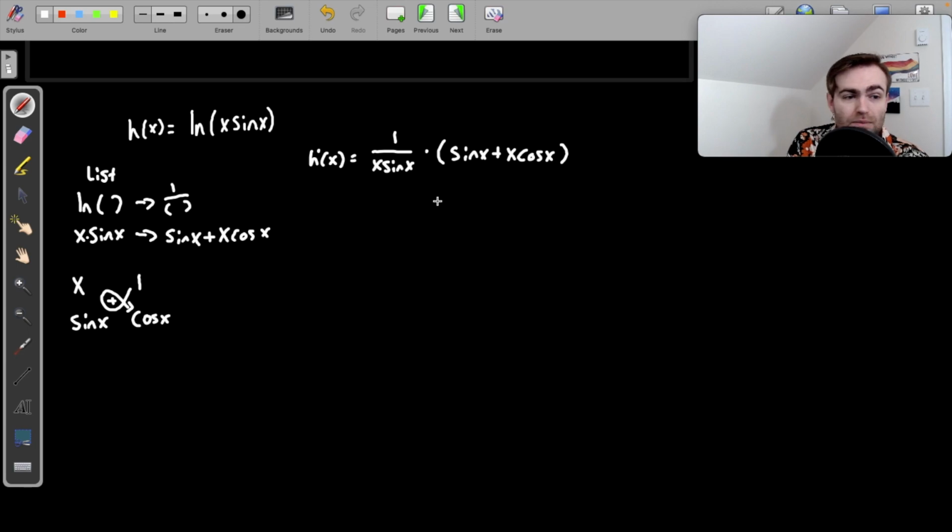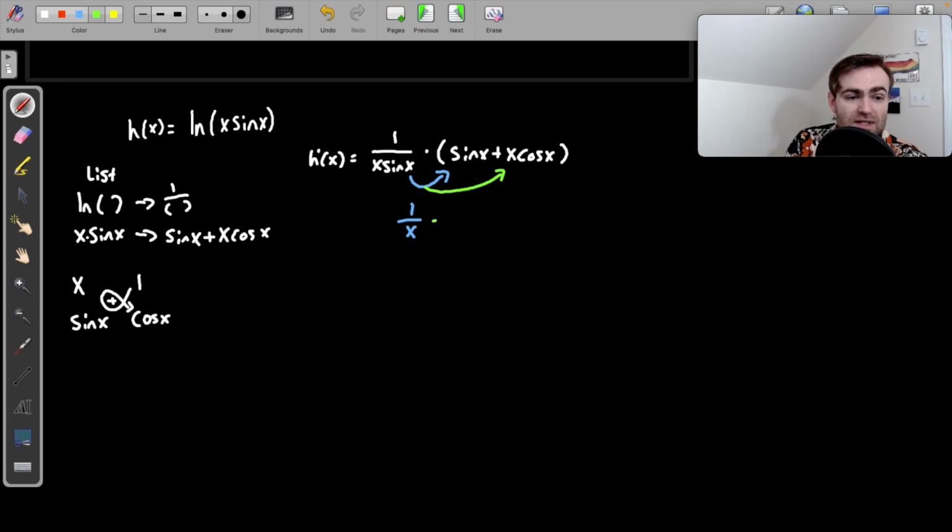So we can make it a little prettier by distributing. If we distribute the 1 over x sine x to the sine x here, the sines would cancel, and that would leave you with 1 over x. And if we distribute the 1 over x sine x to x cosine x, the x's would cancel, and we would be left with cosine over sine.